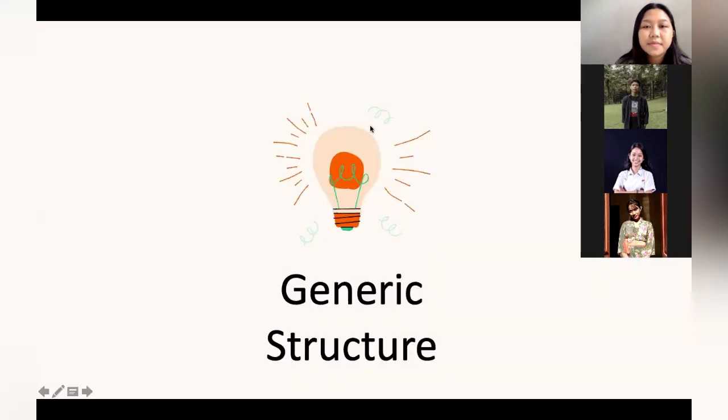Okay, for the generic structure, they are identification and description. For the identification, Nusa Lembongan Island is one of the three sets of islands located in the southeast of Bali: Nusa Penida, Nusa Lembongan, and Nusa Ceningan. From those three islands, Nusa Lembongan is the best one.